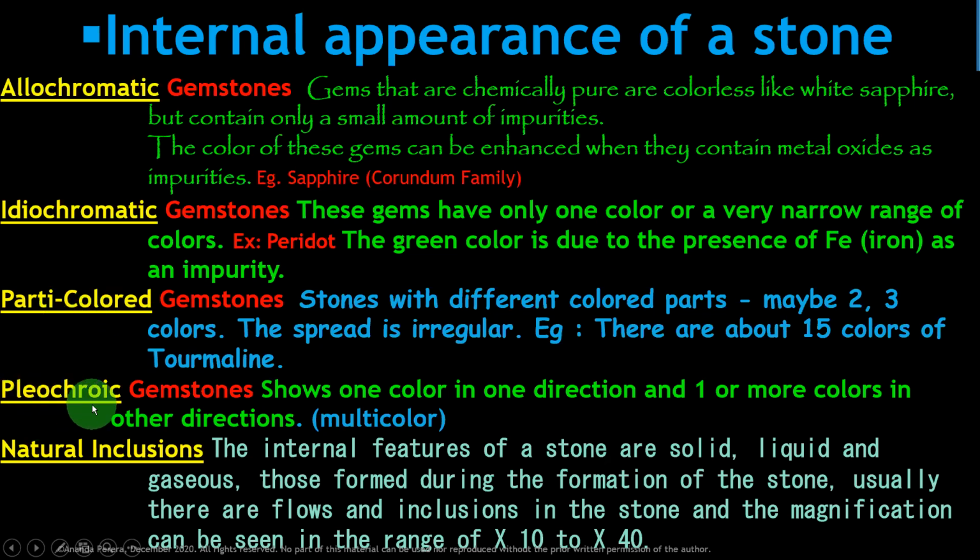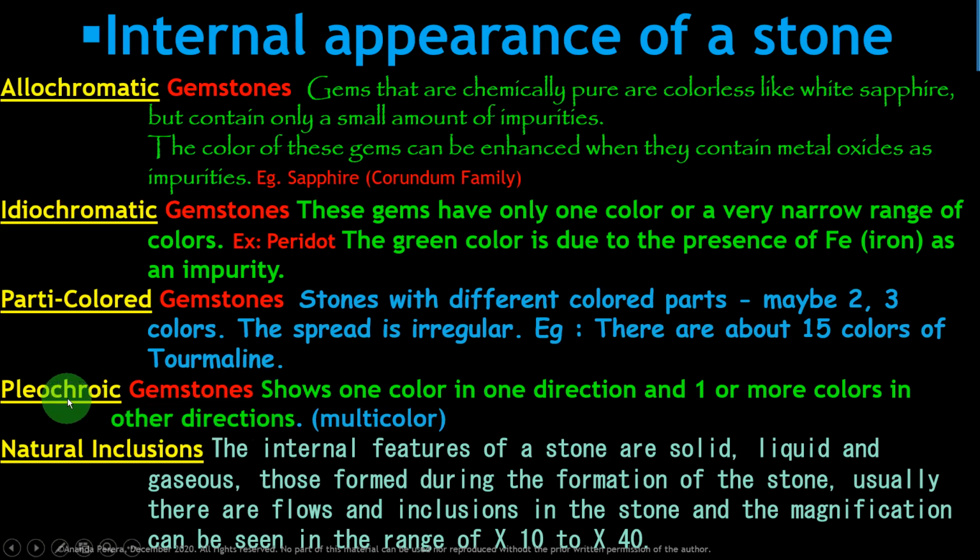Then what are pleochroic gemstones? Pleochroism we learned in the first lesson, and again we will learn more about pleochroism. Pleochroic gemstones show one color in one direction and another one or more colors in other directions.